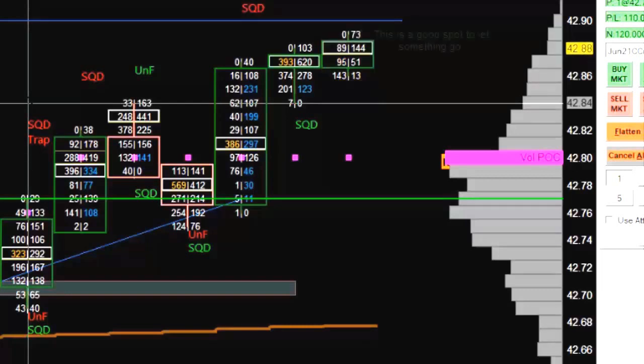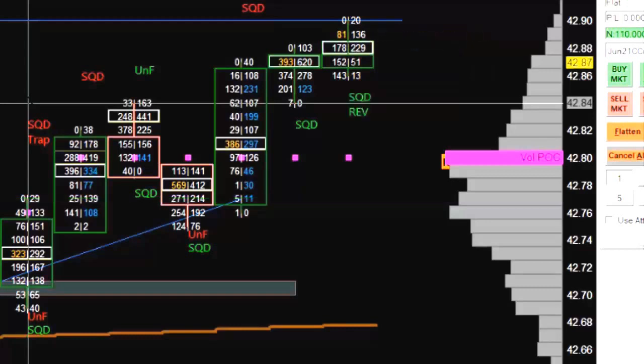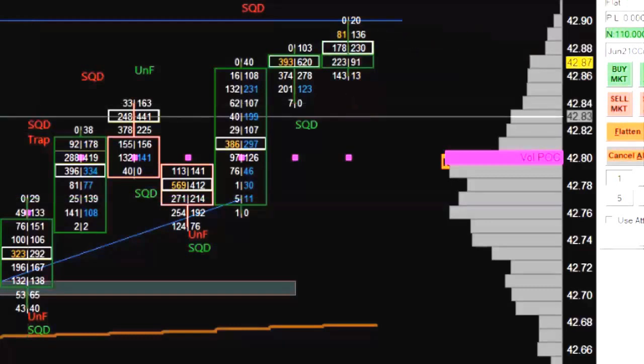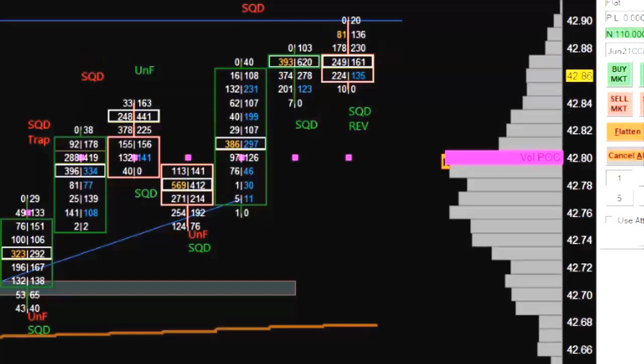This is a spot where you want to just take a look at getting out of something here. We're coming up to a level 42.90 as marked off with the blue line. That should pretty much do it right there. Nice trade.